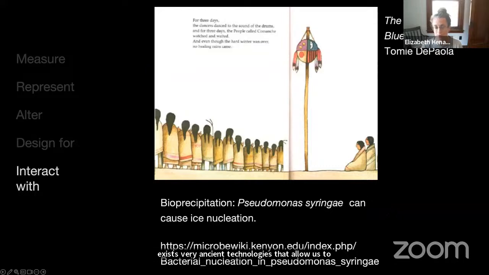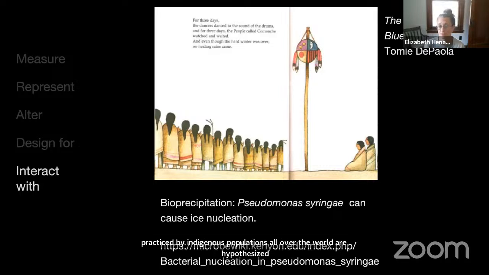This is an example of another ancient technology, in which rain dances, which are rituals practiced by indigenous populations all over the world, are hypothesized to work through the phenomenon of bioprecipitation.